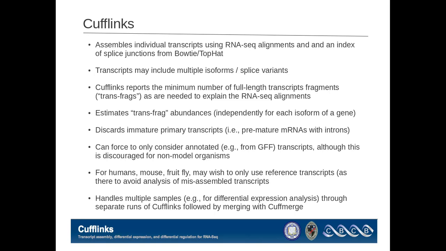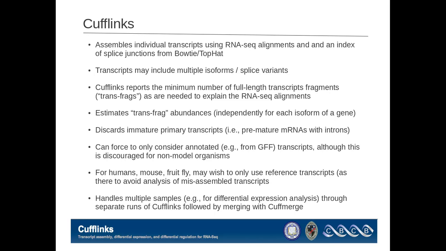It calls them transfrags. These are not necessarily complete transcripts, simply because in a low coverage data set, you may not end up obtaining reads that support the entire length of the transcript. So in Cufflinks, they use the term transfrag to represent those potentially truncated transcripts.